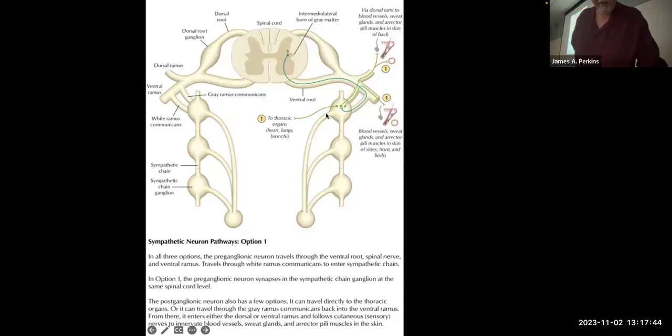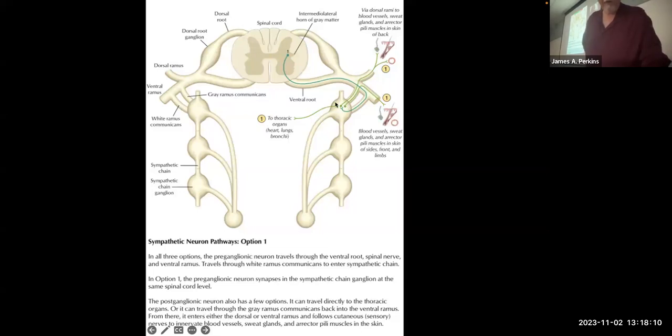And then there's a slightly different green color here, a little more yellowy green. Maybe I should change that color someday to make it easier to see. But you see there are a bunch of little cell bodies in here that represent the postganglionic neuron cell bodies within the ganglion. So some of the postganglionic neurons are just going to go directly to some of the thoracic organs, like the heart and the lungs.